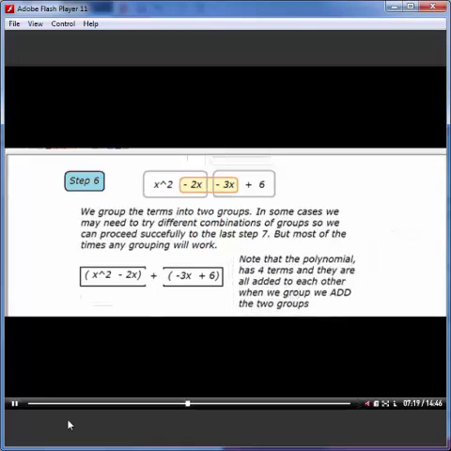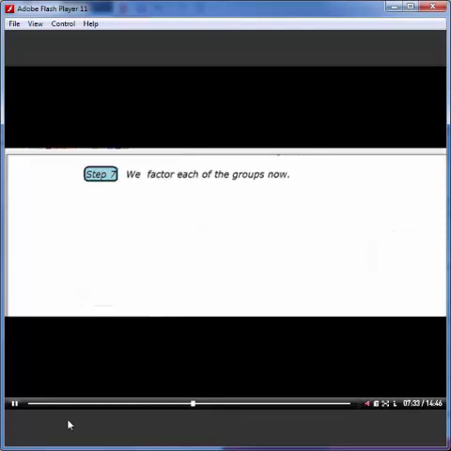Remember that when you group, you always have 4 terms, and the two groups are added to each other. This is a very common mistake. Students forget that there is a plus between those two additions. Now we factor each of the groups, finding the GCF.